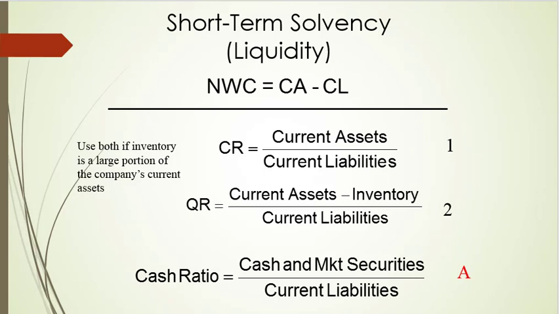In my analysis, I use a combination, if you will, of industry numbers and company numbers. The company numbers all come from the annual reports. The industry numbers come from a publication. It's RMA, the Risk Management Associates Statement of Annual Studies.